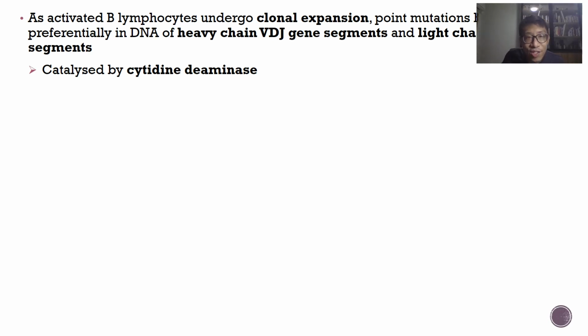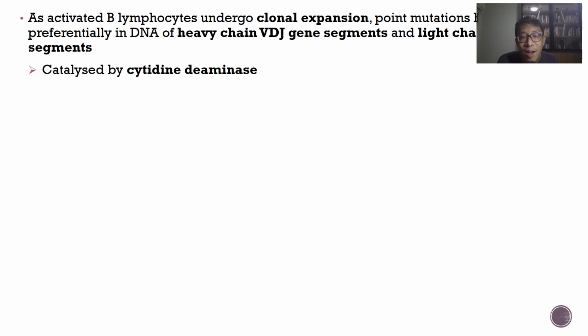However, that is not always true, because during this clonal expansion, during the proliferation of the activated B cells, point mutations can occur, and such point mutations are not mistakes like how we usually understand mutations to be. These point mutations are actually triggered by the cells themselves.